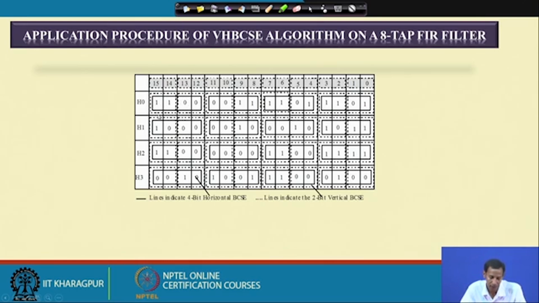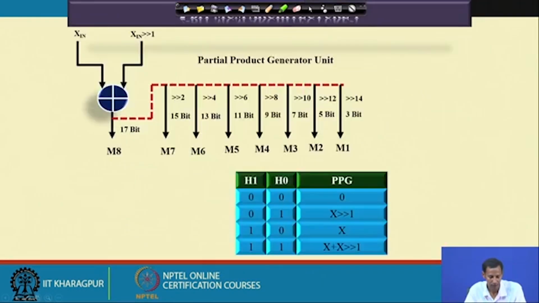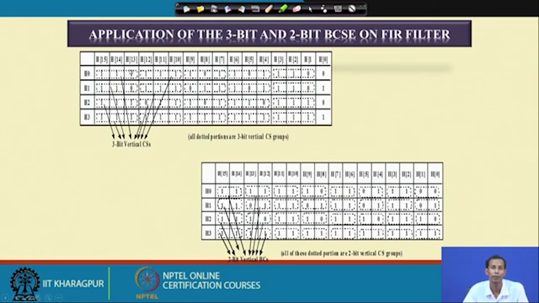Initially, at the very first level, considering this 2 bit, we applied the common sub expression once. You see the direction in which I am applying this common sub expression is the vertical direction.